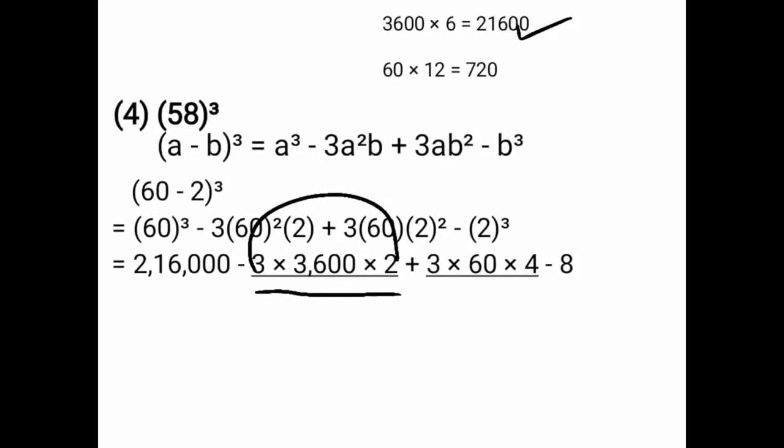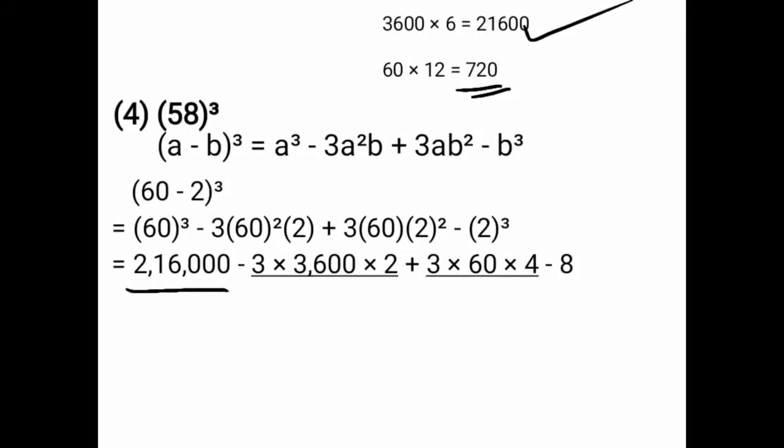Now solve the plus 3ab square part. First multiply the smallest numbers. 3 4s are 12. 60 into 12, I get the answer 720. In the plus 3ab square part, I am getting 720. Now all this: 2,16,000 minus 21,600 plus 720 minus 8.